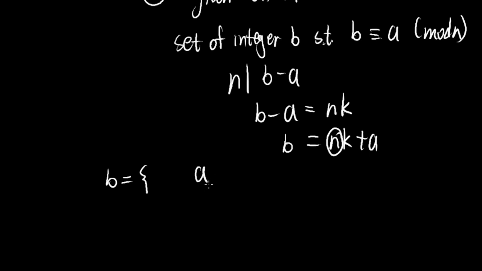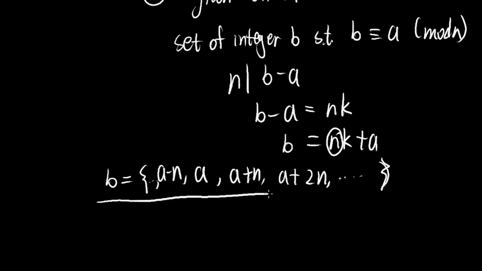B is an arithmetic progression like this, and we can also write the other side like this. This is some basic exercise of the definition.